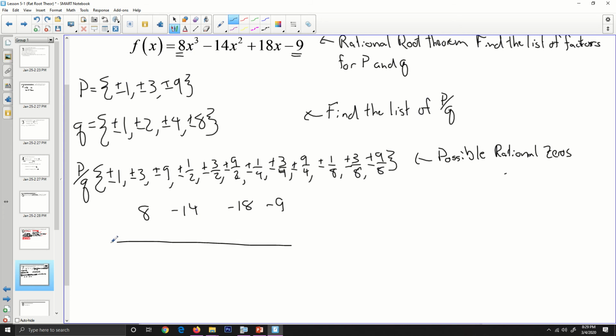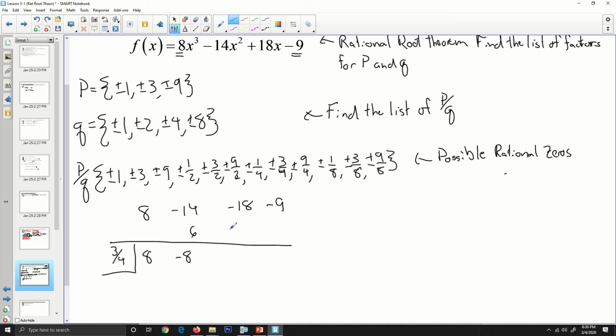I'm going to try and divide out 3 over 4, because that's my guess. I think 3 over 4. So I bring down my 8. 3/4 of 8 is 6. 6 and negative 14 would be negative 8.